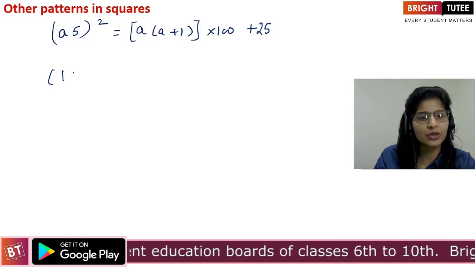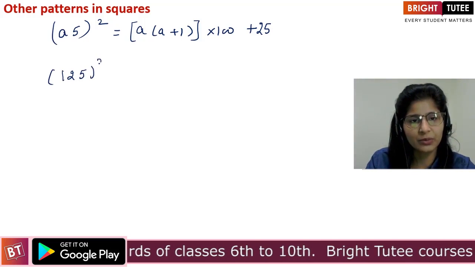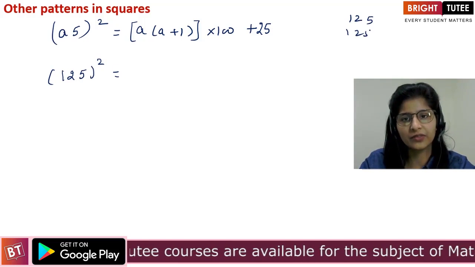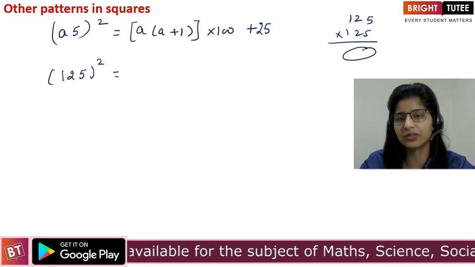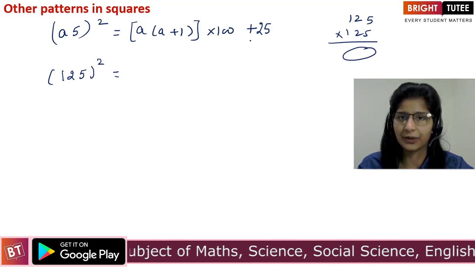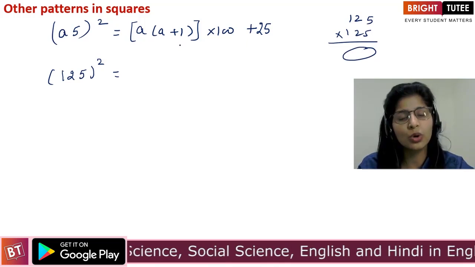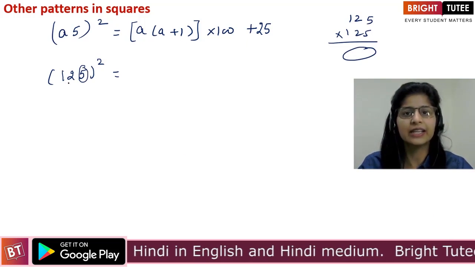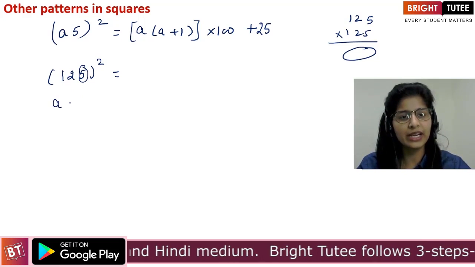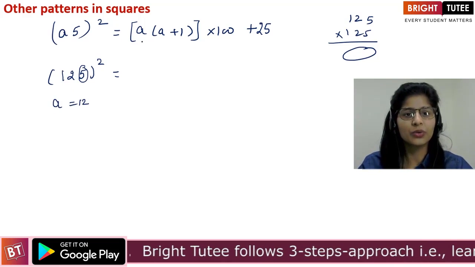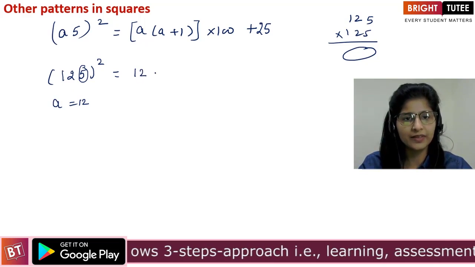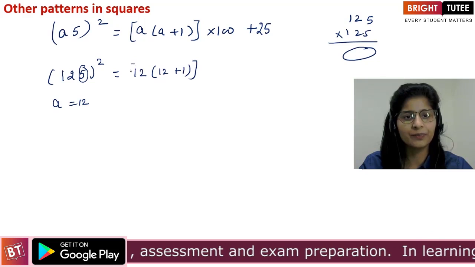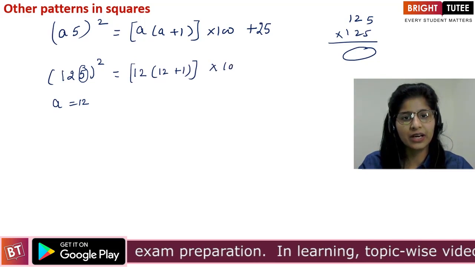Suppose we have to find out the square of 125. So we don't have to multiply 125 with 125. It is going to take a lot of time. So we know this formula now, and we can apply this to all the questions. So we observe here, leaving 5, whatever is there, that will be our A. So here A is 12. Putting this in the formula, we get 12 into 12 plus 1 multiplied with 100.